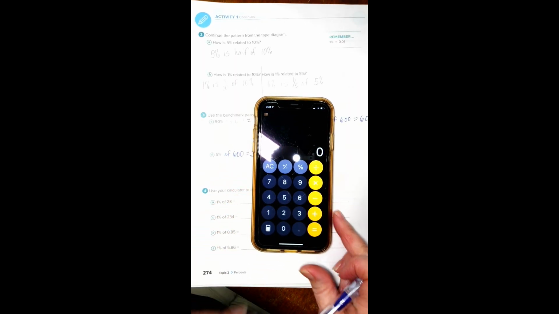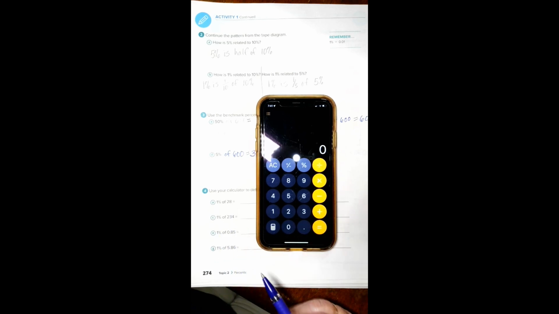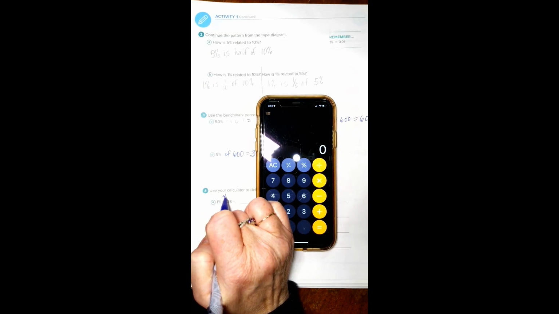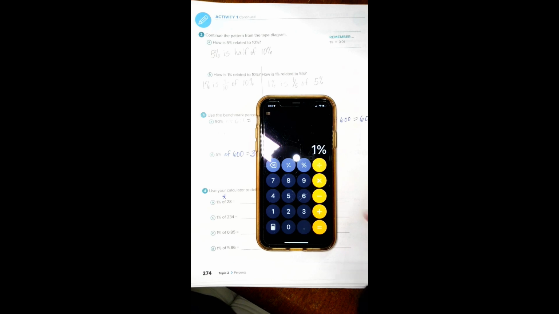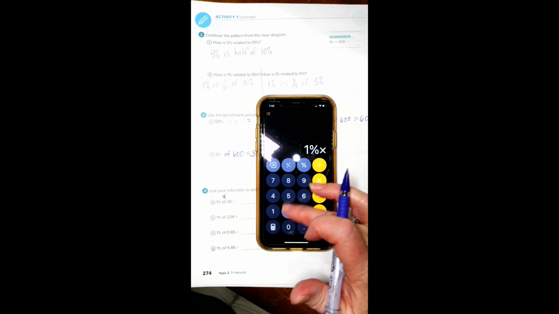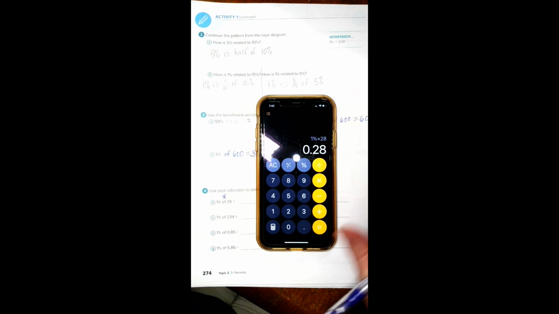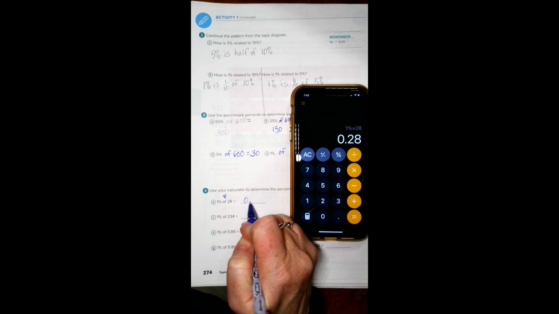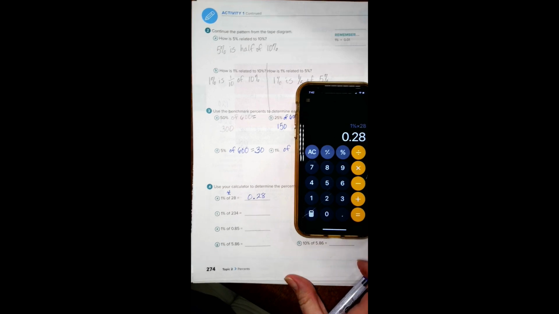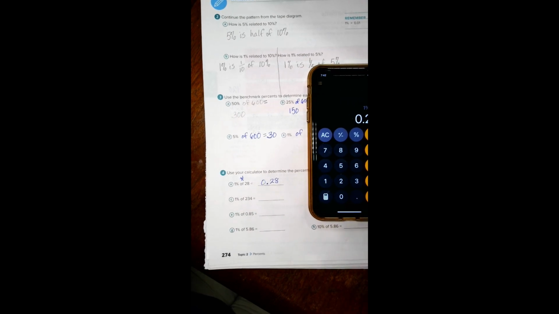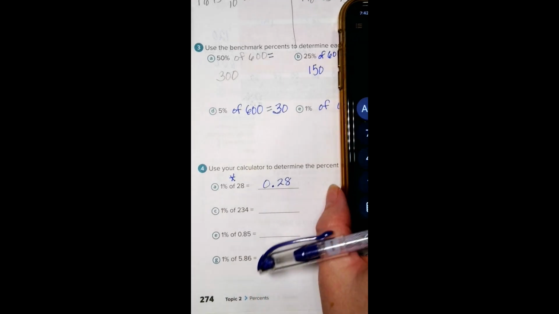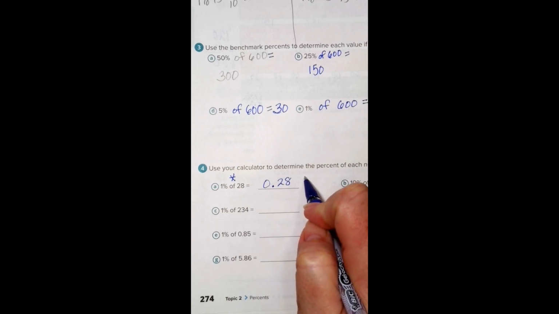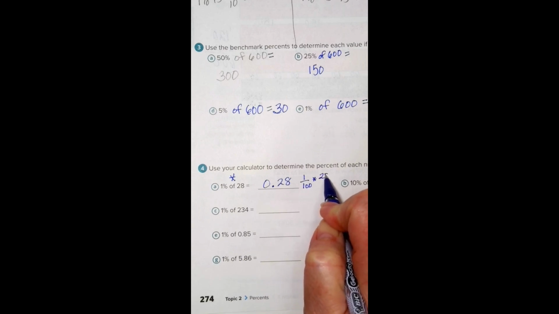Okay, so 1% of 28. We know "of" means multiply. So 1, and I'm going to hit the percent sign, of times 28 equals, and we get 0.28. Now I want to think about this for a moment without the calculator. So 1%, how do I write 1% as a fraction? I write it as 1 over 100 times 28.